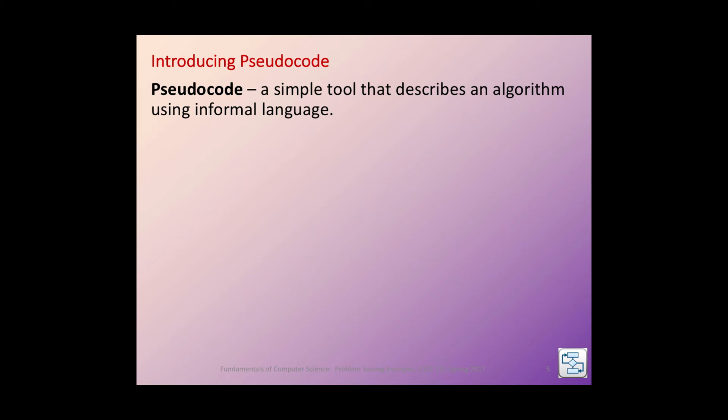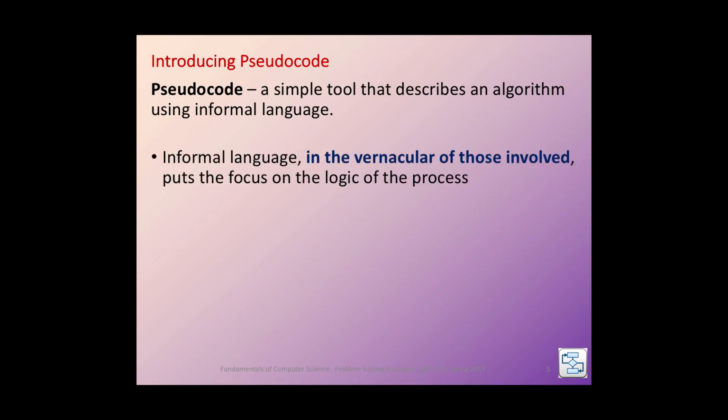Now, pseudocode is a simple tool that describes an algorithm using informal language. By informal, and the emphasis here is that it's informal, it's a language that's in the vernacular of those involved with the discussion and design of the algorithm.